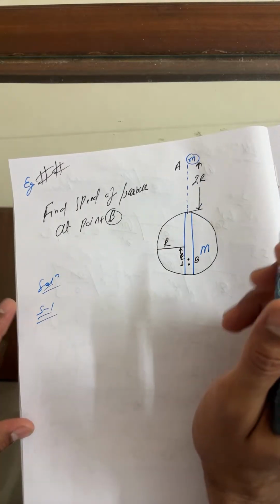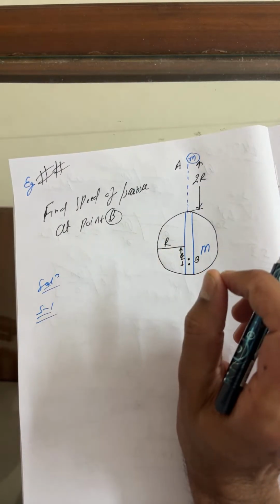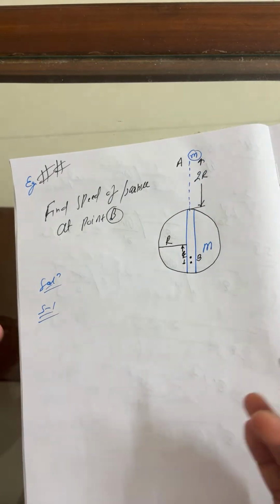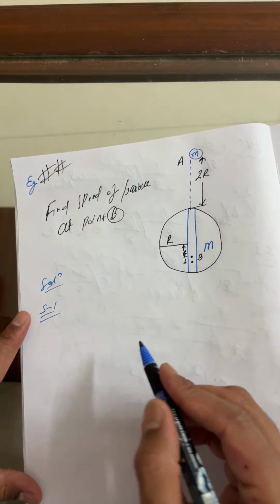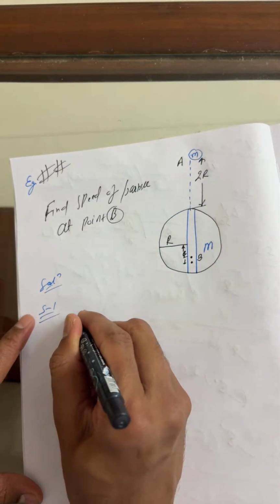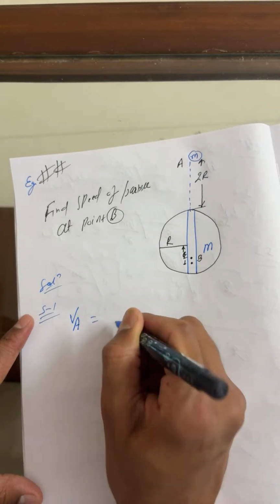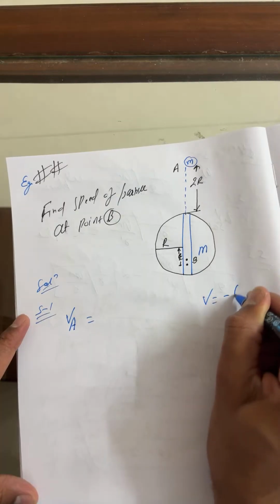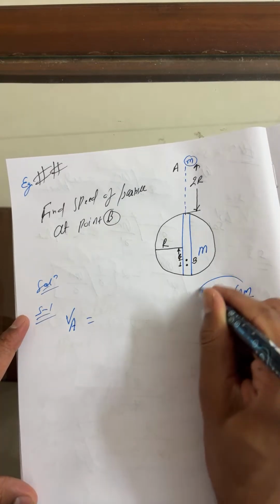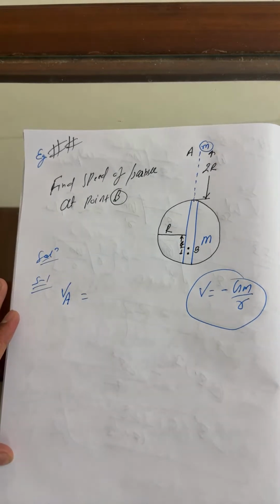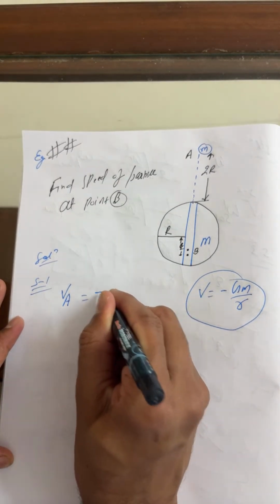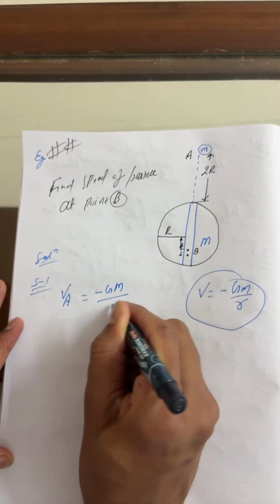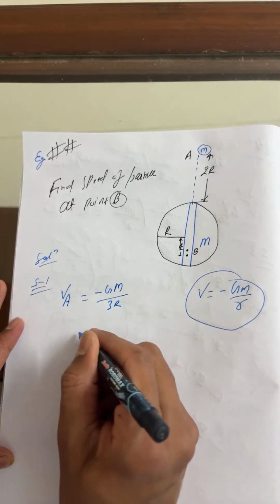Solution, step one: gravitational potential at point A. The formula is V equals minus GM by r, so V at A is minus GM by 3R.